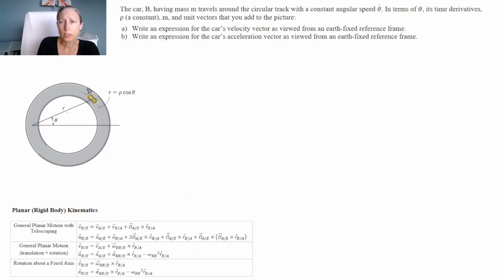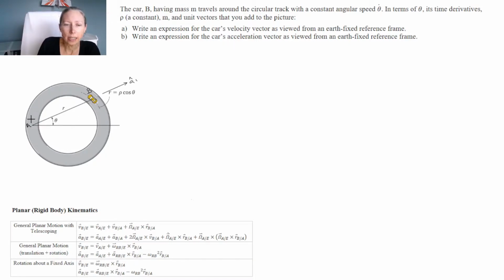So to get started, I know that I'm going to need a rotating reference frame, right? And I need its origin to be over here at point A. So notice that the car's axis of rotation is not at the center of the circle as you might expect. It's over here at A. So there's my point A, and I'm going to put my unit vectors such that their origin is at point A. So here's my A1 unit vector, and A1 is always going to pass through the car.